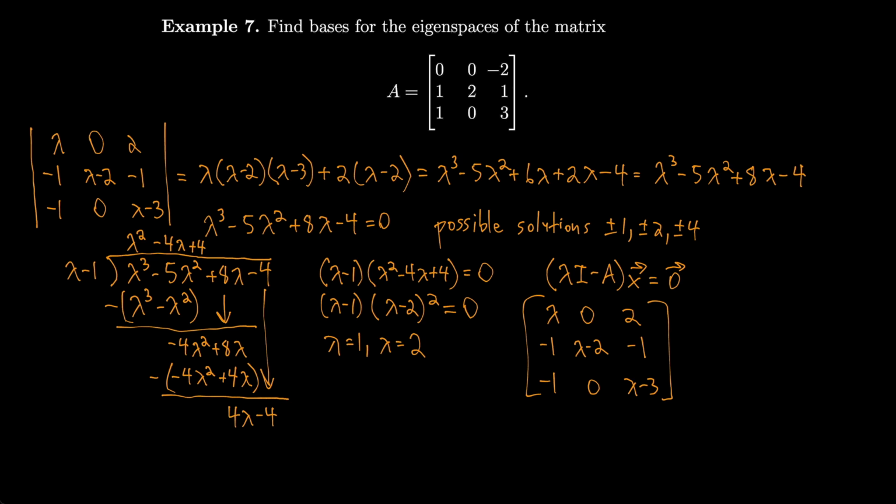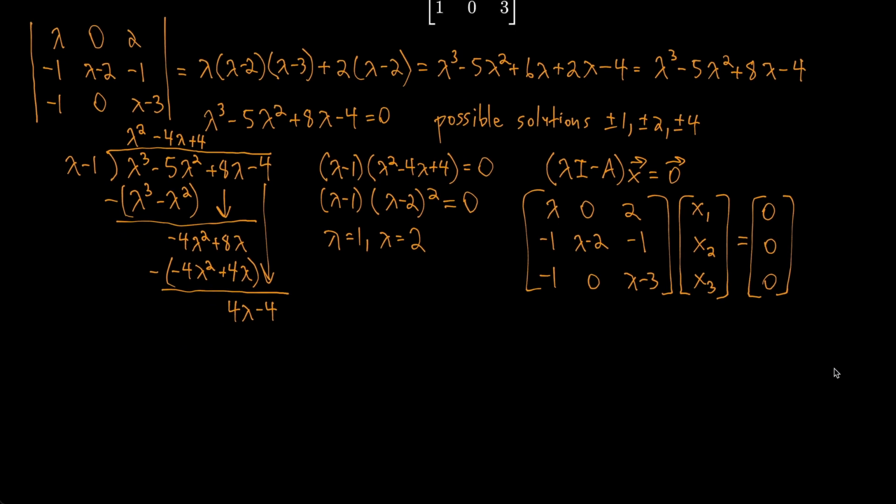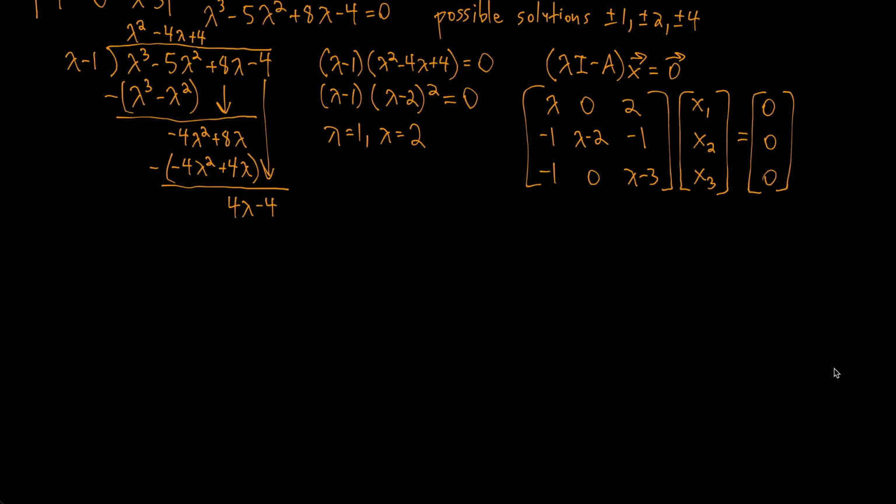And I'm multiplying that by an arbitrary vector, x1, x2, and x3, and I'm going to see what restrictions are on x1, x2, and x3 in order for this to be 0. Okay, so let's do it for lambda equals 2 first. Why not?